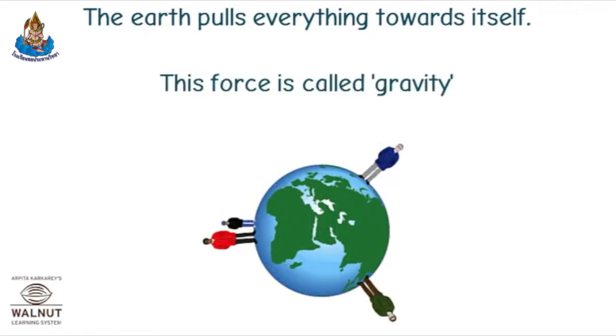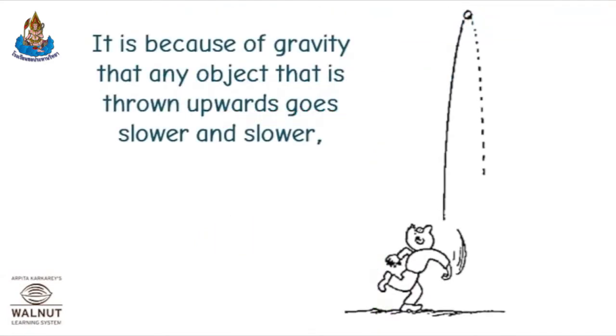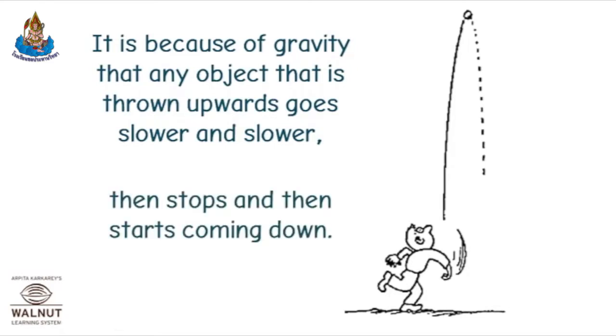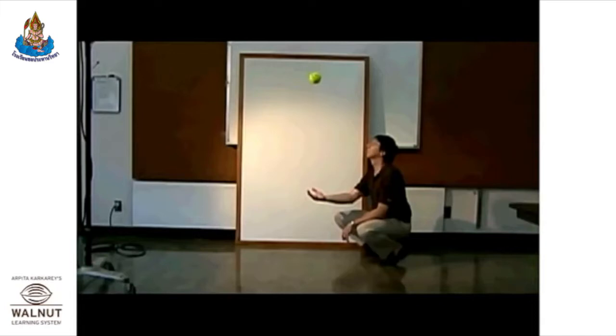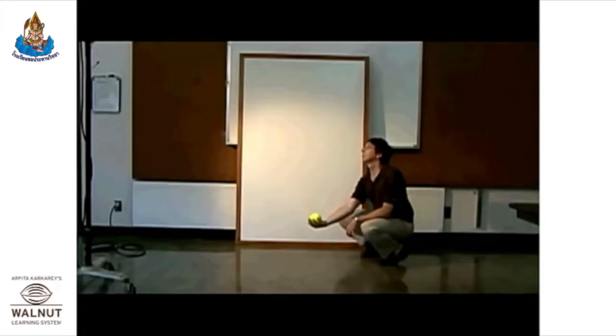This force is called gravity or gravitational force. It is because of gravity that any object that is thrown upwards goes slower and slower, then stops, and then starts coming down. Let us see what happens when we throw a ball up.